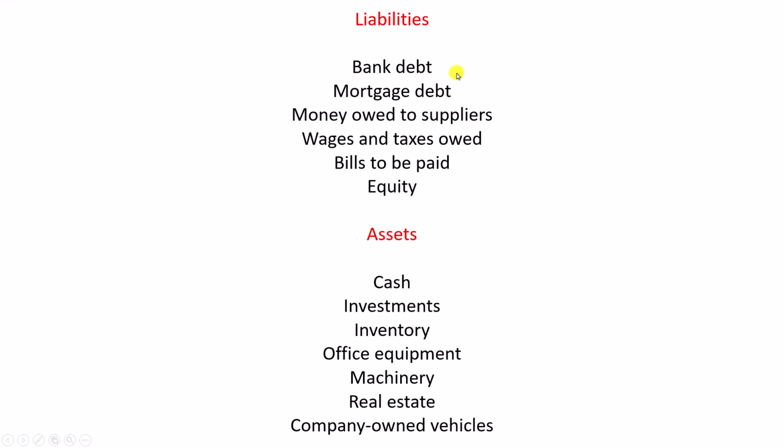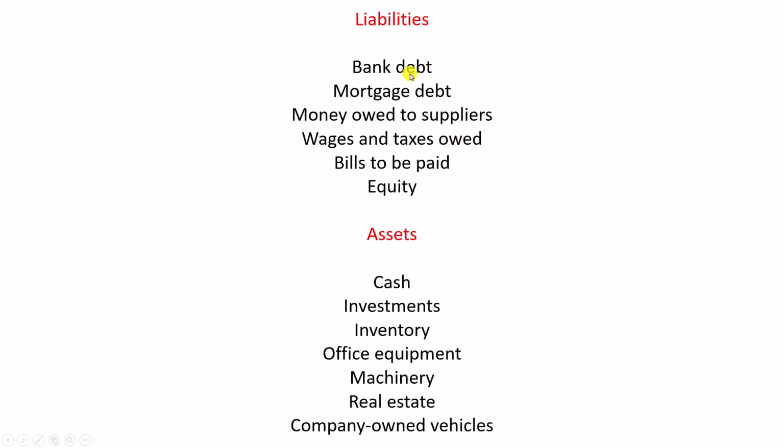If it takes a loan and buys office equipment, then the loan would be liability, office equipment would be asset. If it takes mortgage debt and buys land, then the mortgage debt would be liability and the real estate would be asset. Alright, I hope you get the idea.